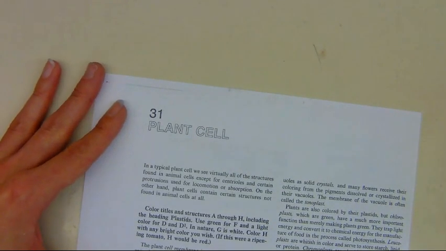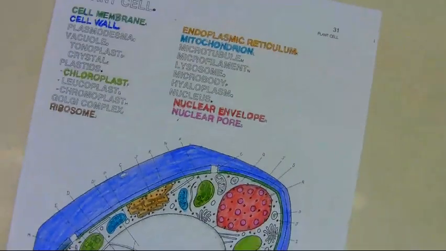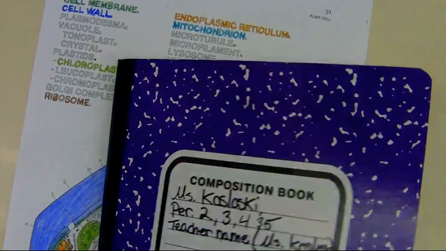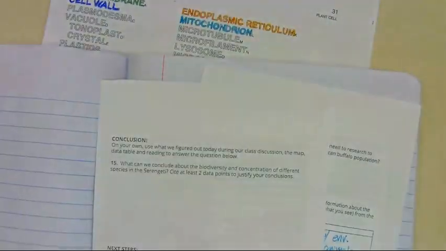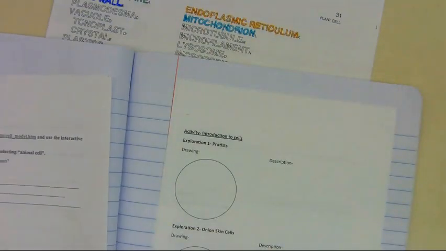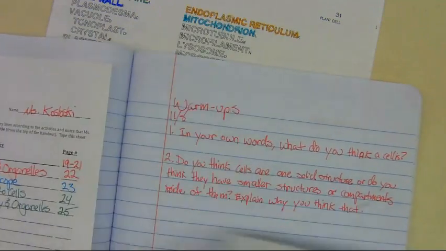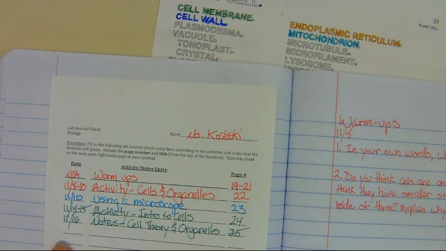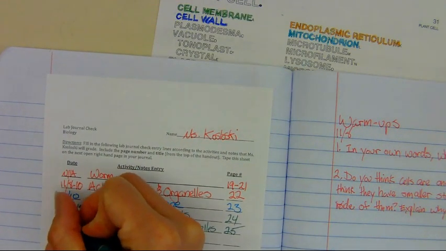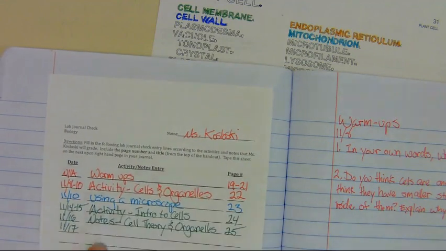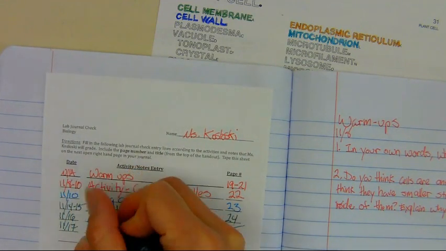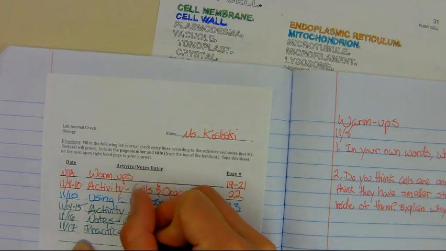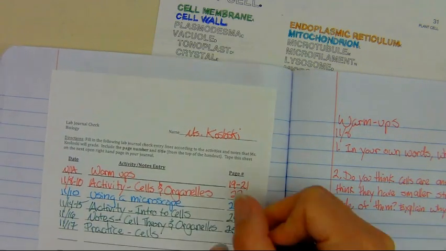Once you've got it all done and you're ready to put your coloring pages into your lab journal, although we'll work on this some more on Monday, basically your table of contents at this point, we did the notes, cell theory and organelles. Then yesterday, the subs should have had you work on the practice cells.